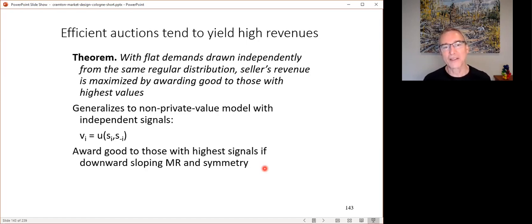And that result doesn't mean we won't have inefficiency, because in fact, to maximize revenues, in this case of symmetry with flat demands, what the seller wants to do is withhold some of the goods. So not sell everything. And that's the way they improve revenues. They don't improve revenues by misassigning the good.